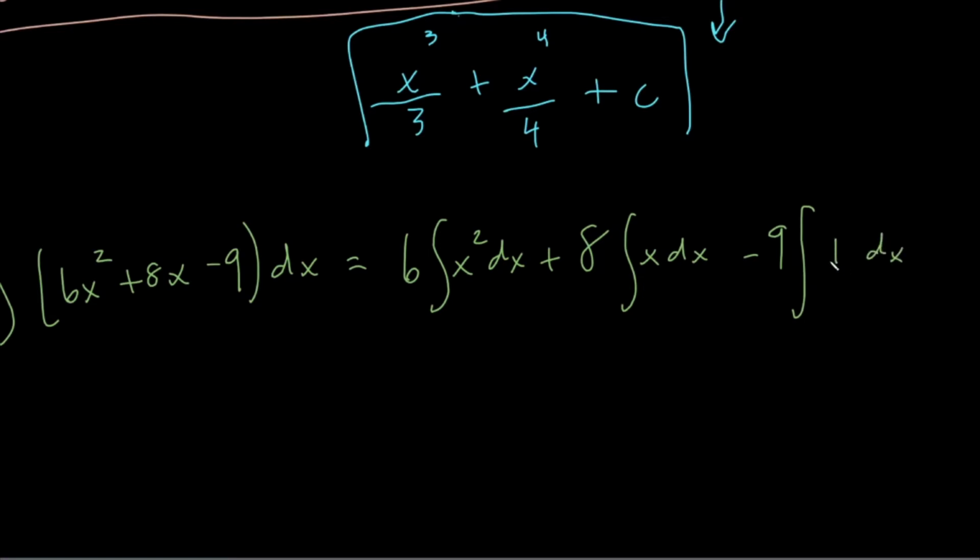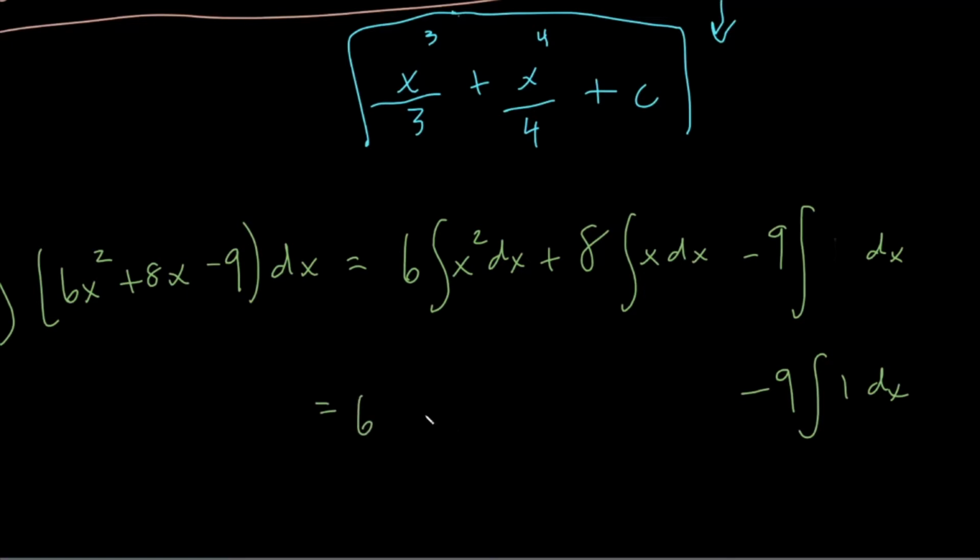That's either 1 or this can even just be not there. It's just like integral dx. But if it's written that way, it implies that it's a 1 there. Does that make sense? So I'll leave it blank there, and then we'll say that this is minus 9 integrals of 1 dx.